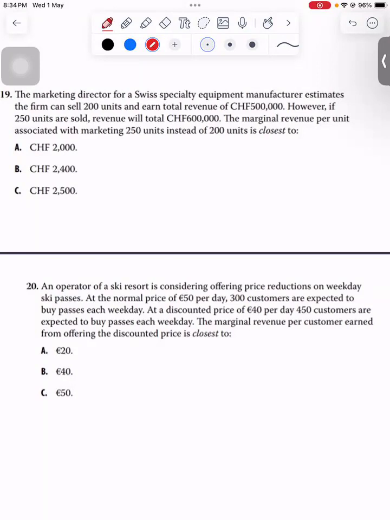So what about others? Everyone got option A? Please confirm. Okay, 19th is A and 20th is also A.